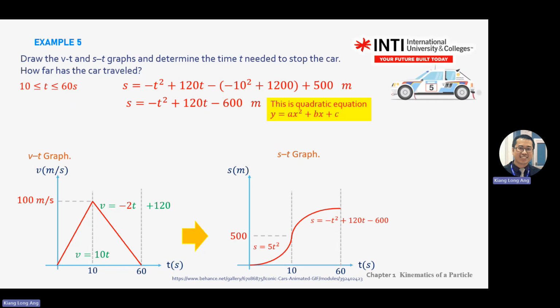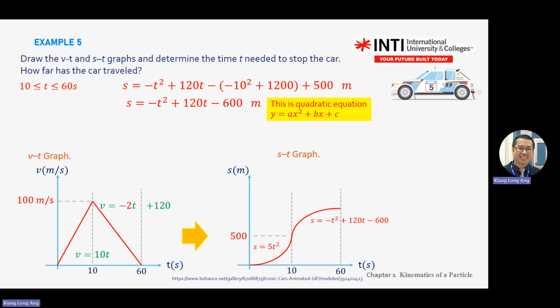Can you find from 500 mark? Be careful on the value you substitute. Don't use 0.